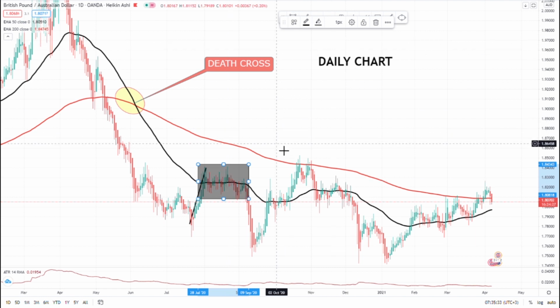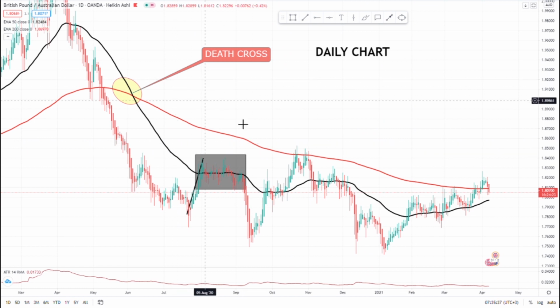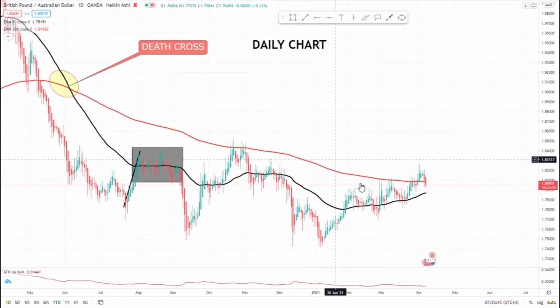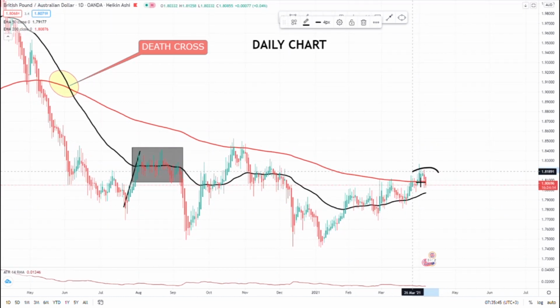This market has been in a downtrend according to the death cross, but it is almost crossing again. As you can see here, it is almost crossing to support a buy trend or a long-term uptrend. So GBP Australian dollar is one of the pairs you can look at for a long-term buy on the daily chart. But let's look at the 1 hour chart.